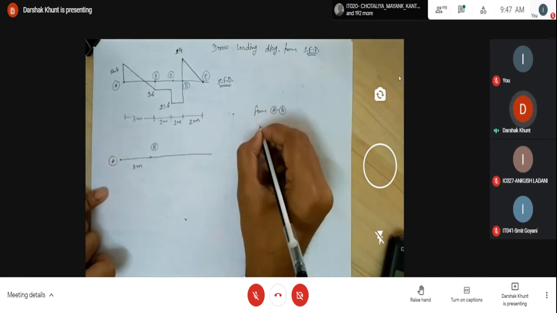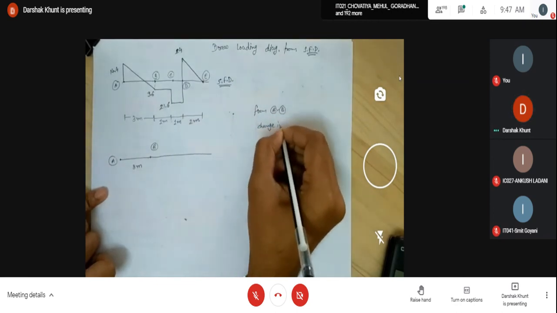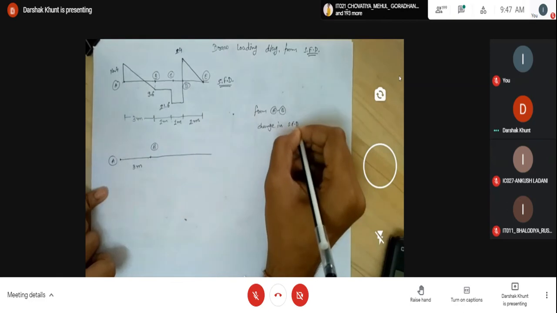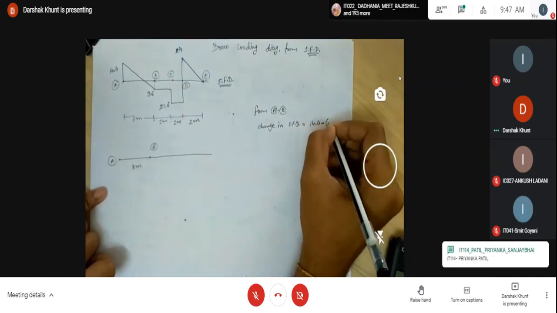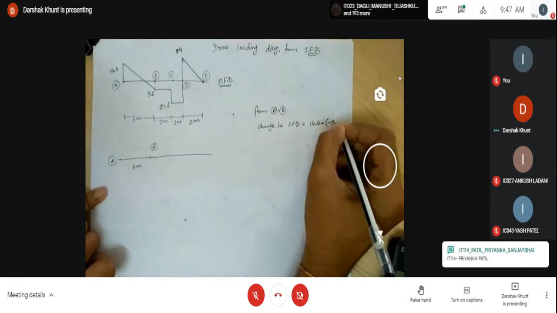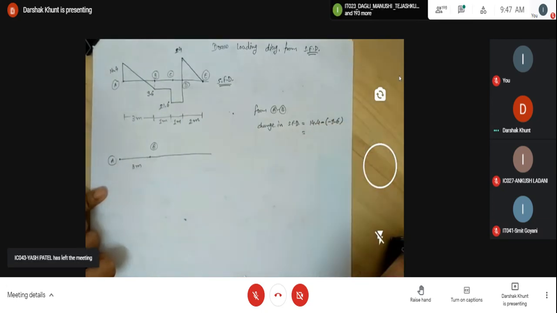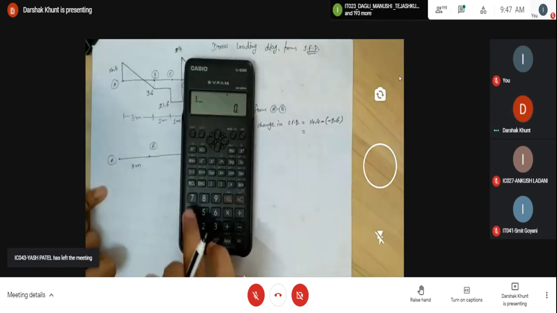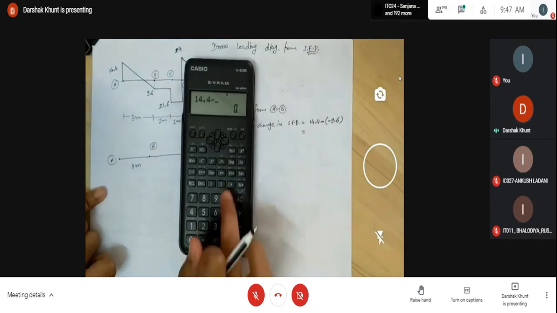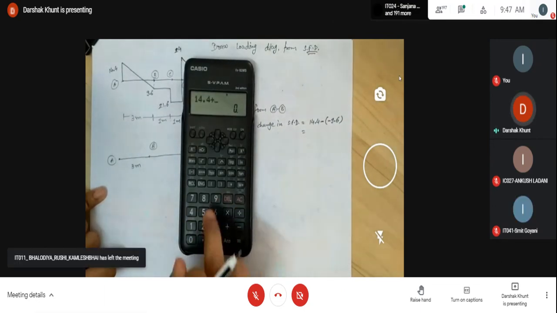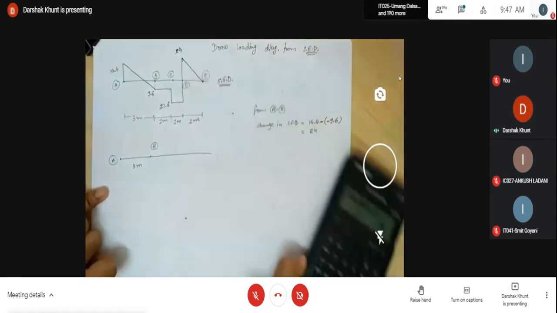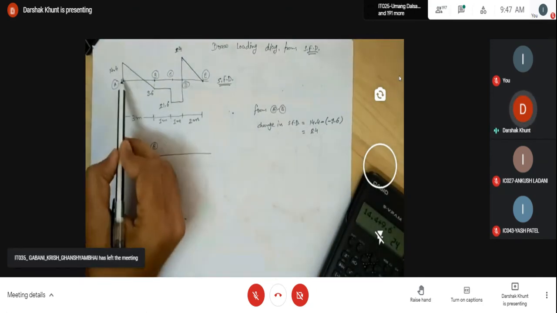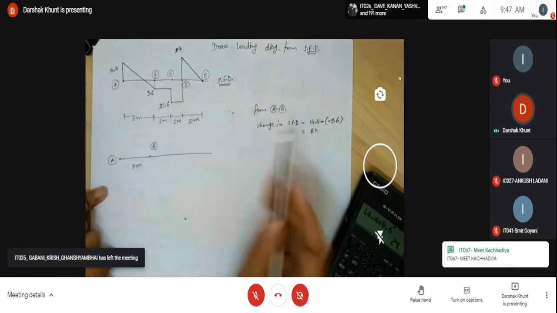So change in the value, 14.4 minus minus 9.6. So we get 24. Okay. Now changing the shear force between these 2 points is 24.